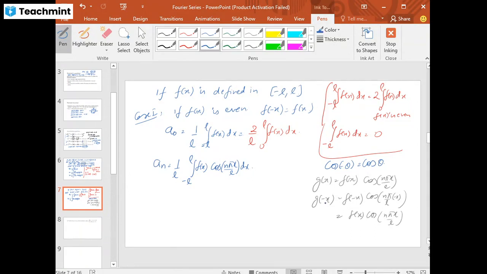So g of minus x is equal to g of x. So what does it mean? It means that the product of two even functions is an even function. And if your function is an even function, then this can be written as 2 upon L 0 to L f of x into cos of n pi x upon L dx, right?